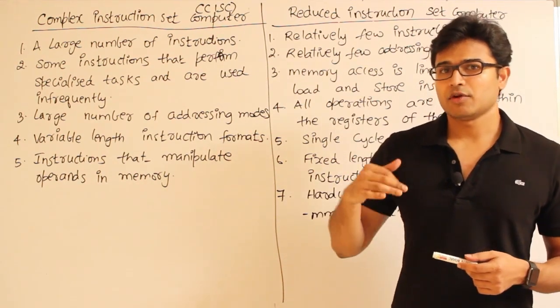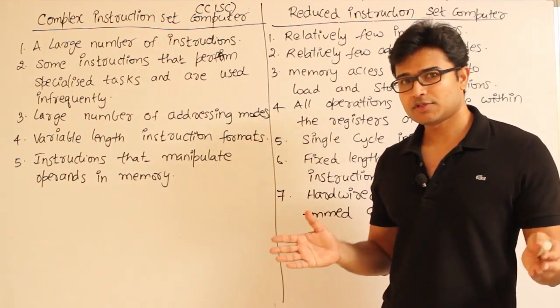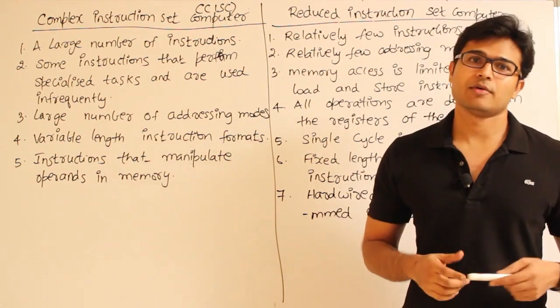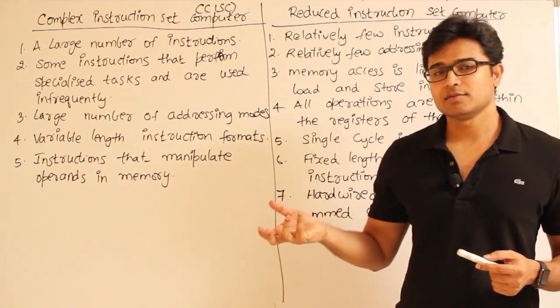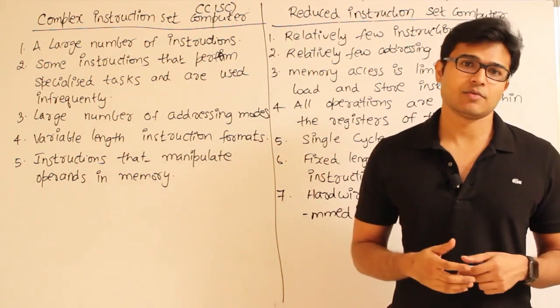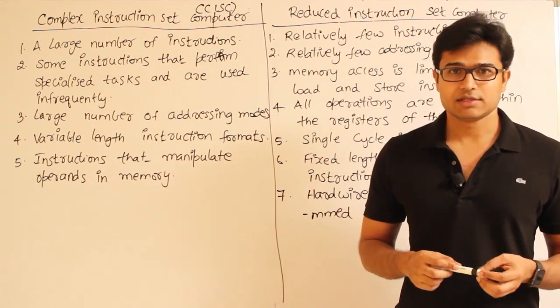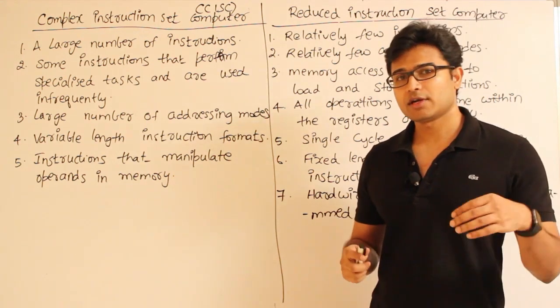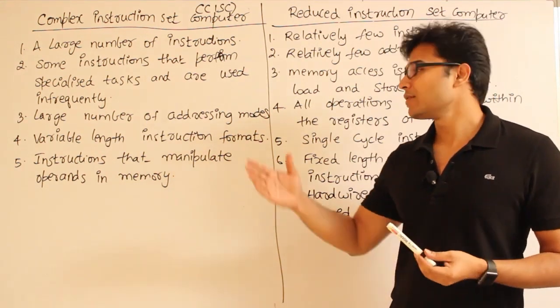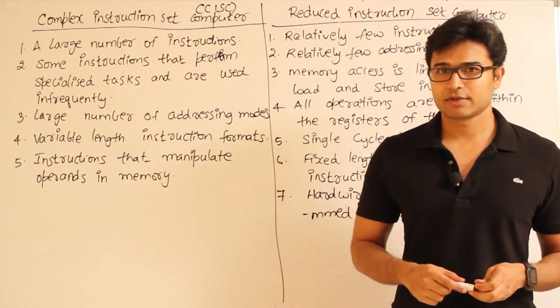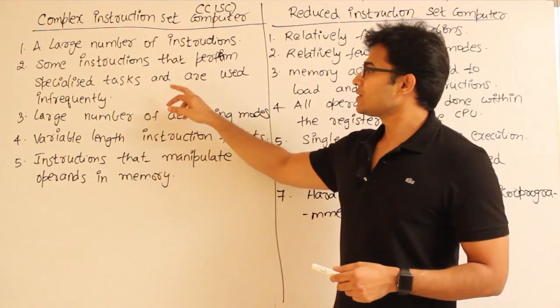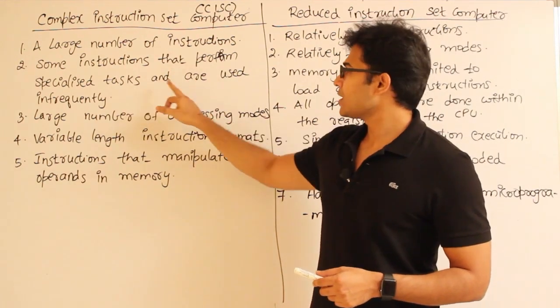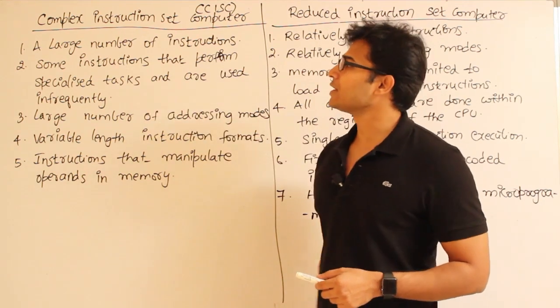Therefore, when you are programming, if you have a lot of instructions, that will be helpful for the programmer, but in order to design the CPU circuit, that might sometimes become complex, right? But still, if you look at the programmer's point of view, they will go for CISC. And the next one is some instructions that perform specialized tasks and are used infrequently.